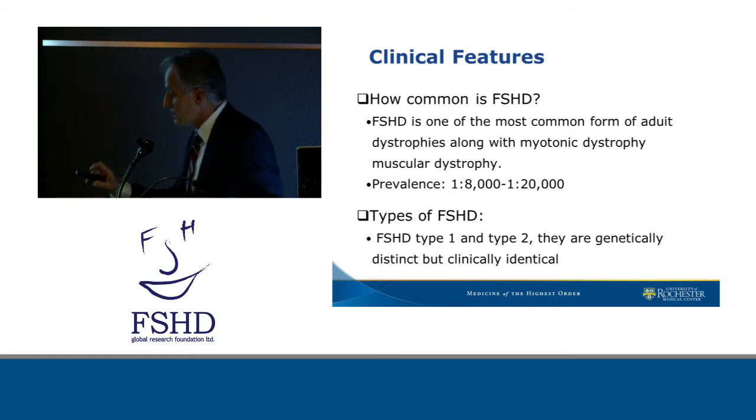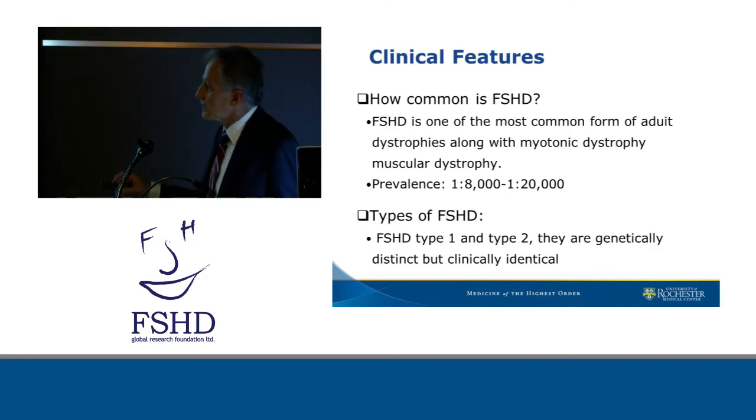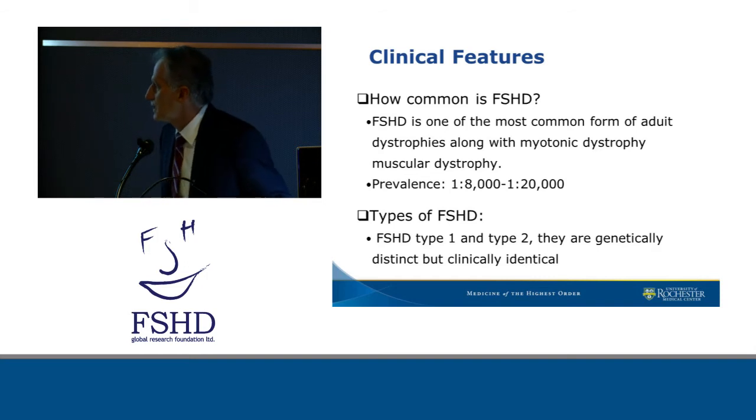The prevalence in a population has ranged between 1 in 8,000 to 1 in 20,000, depending on the studies that were done. The 1 in 8,000 value here is from a recent study done in the Netherlands.